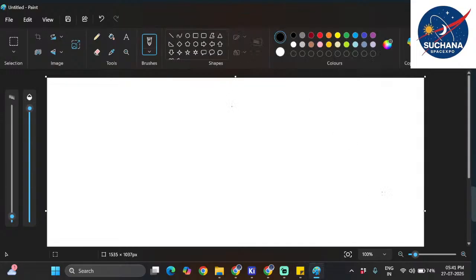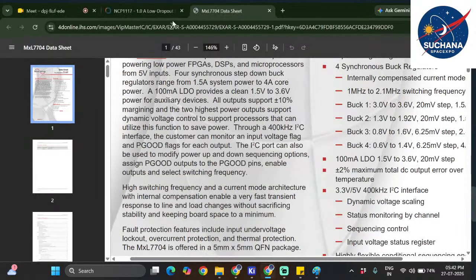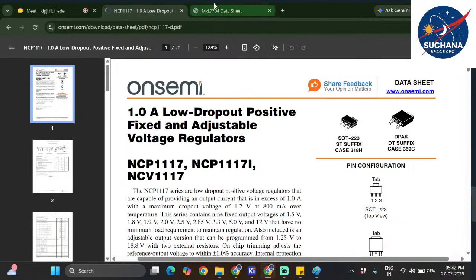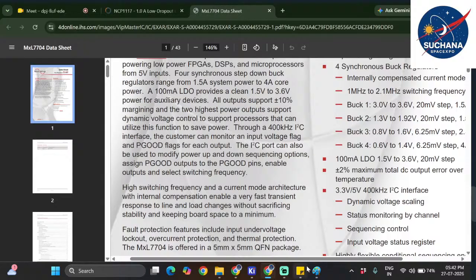So now we are discussing two different things: one is NCP 1117 IC and the other is MXL 7704.